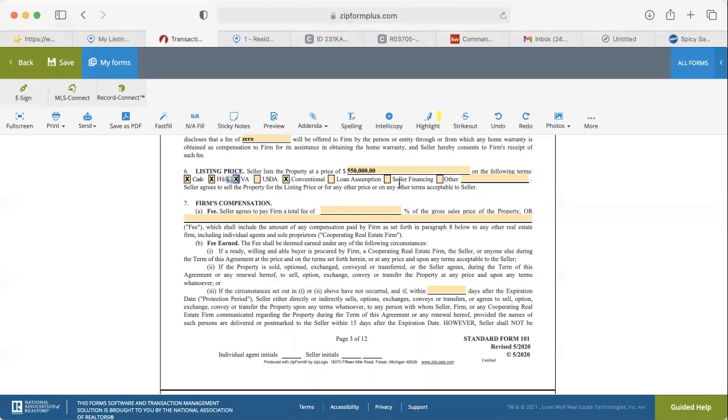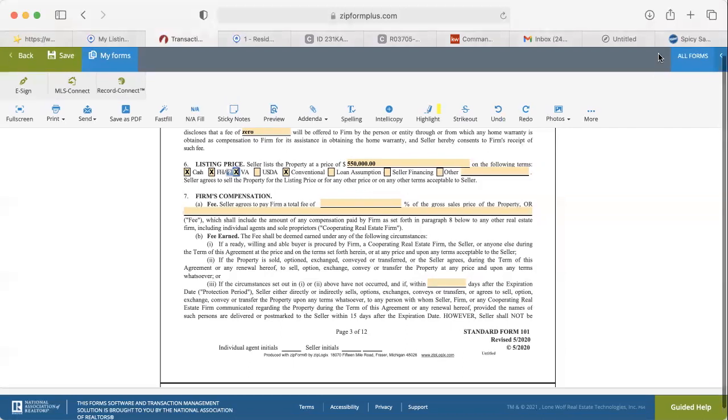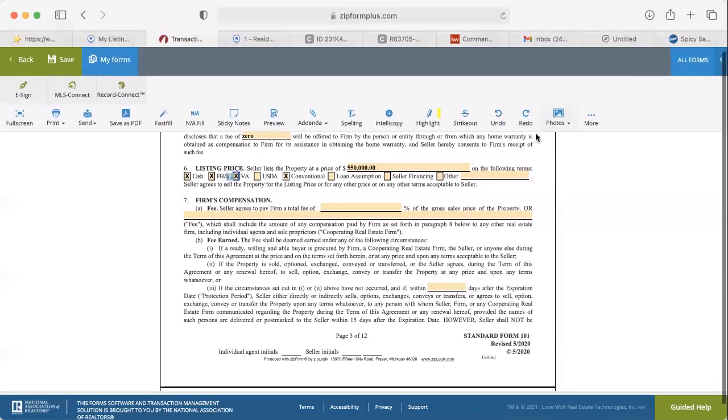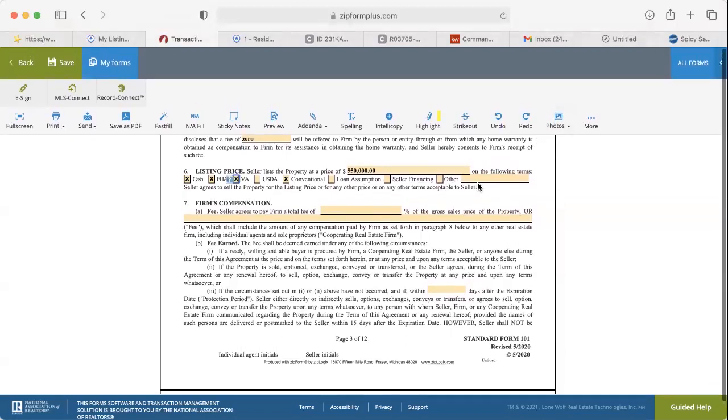Then you have a box for seller financing, and that's owner financing basically. And then there's an other. So other would be a USDA loan.